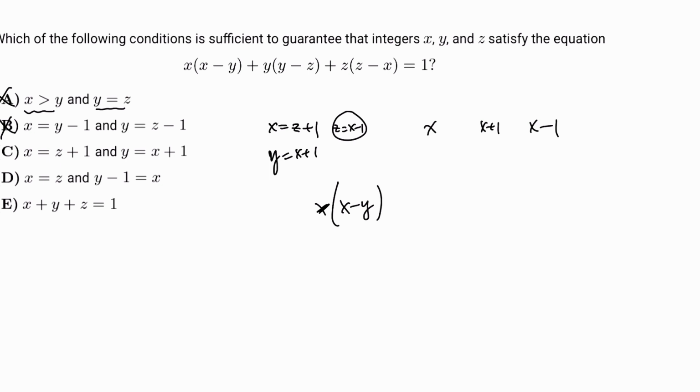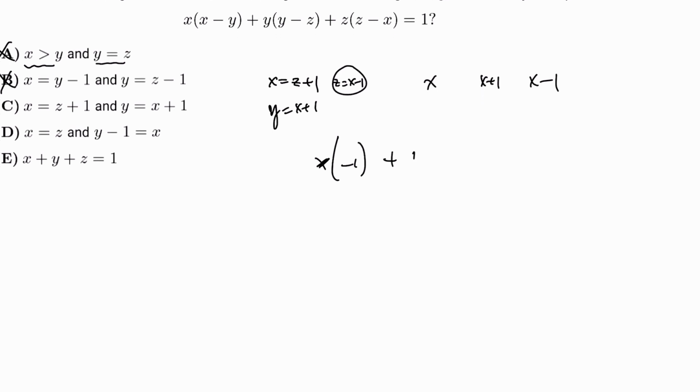Well, x minus y is just going to be negative 1 because x is smaller. Plus y times (y minus z), so x plus 1 minus x minus 1, that cancels out, we get 2.